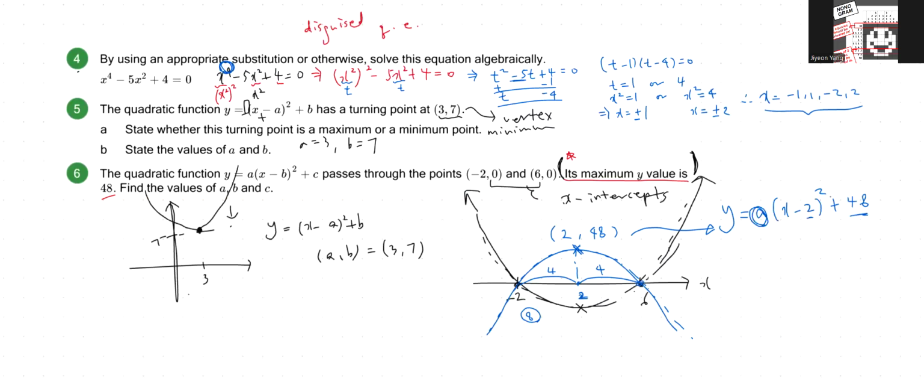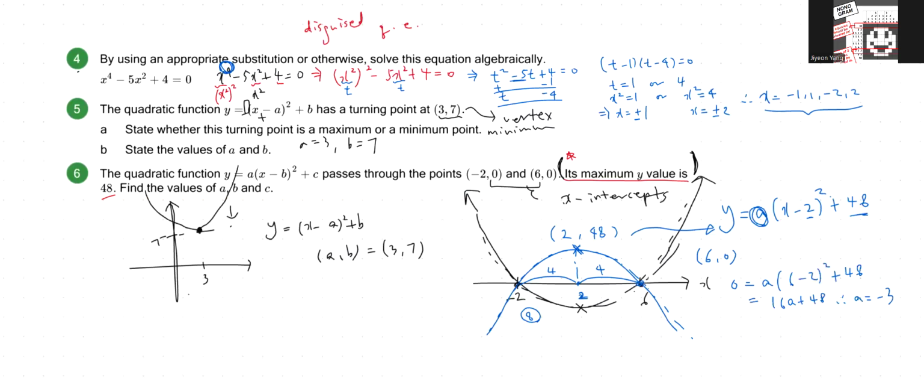I'm going to use 6, 0, and then 0 equals a, and instead of x, you substitute 6 minus 2, squared, plus 48. Then 16a plus 48 equals 0. Therefore, a equals negative 3.